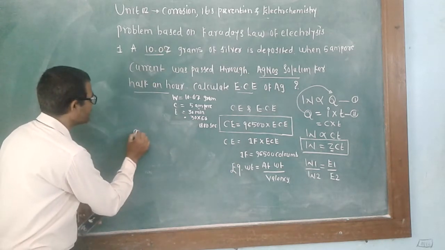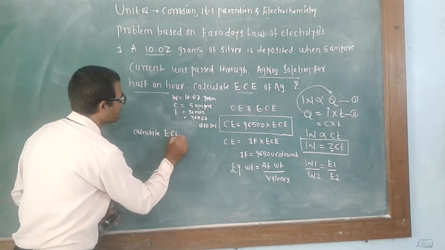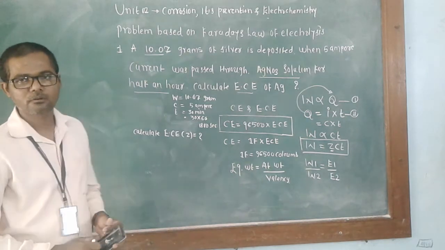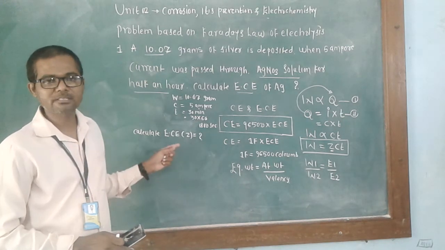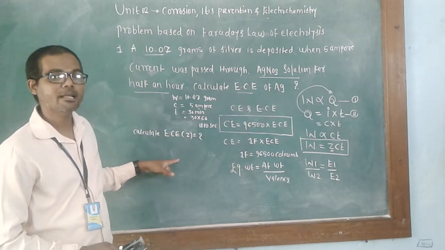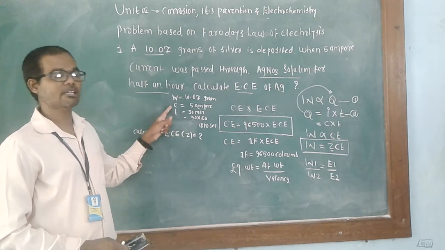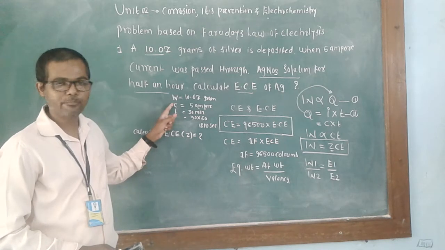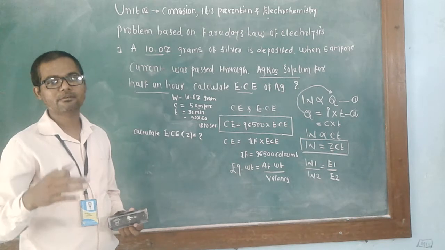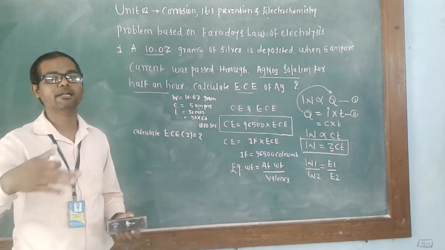We are going to calculate the ECE, electrochemical equivalent, that is called as the Z. So you understand that this problem is related to Faraday's first law, because here we are going to calculate the electrochemical equivalent and the given things are W, that is the weight of substance deposited, then current in ampere and time in second. If the time is given in minute, you have to convert it to the second. If it is given in hour, you have to convert it to the minute, and minute are converted into the second.